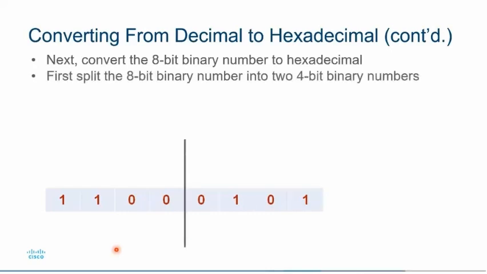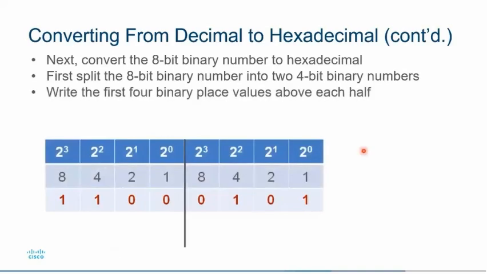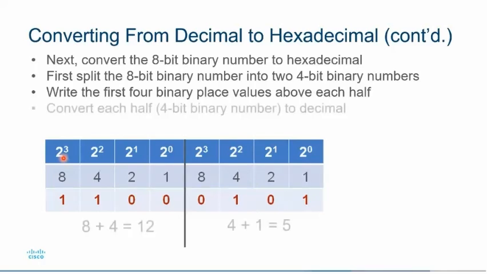Next, I'll convert the 8-bit binary number to hex by first splitting it into 2 4-bit binary numbers, and then I'll rewrite the first 4 binary place values above each half. So here I have 1, 2, 4, 8, and then repeat it on the left, 1, 2, 4, 8. Then I'll convert each half to decimal, and then each decimal to its equivalent hex value. On the left side, we get 8 plus 4, which equals 12.